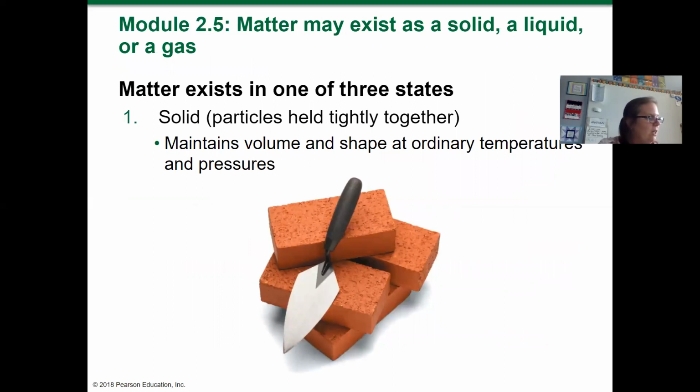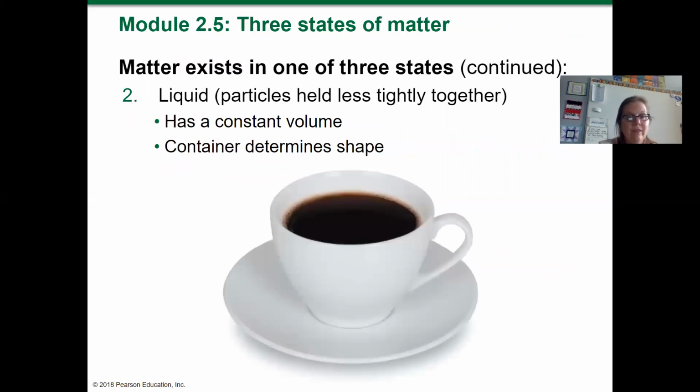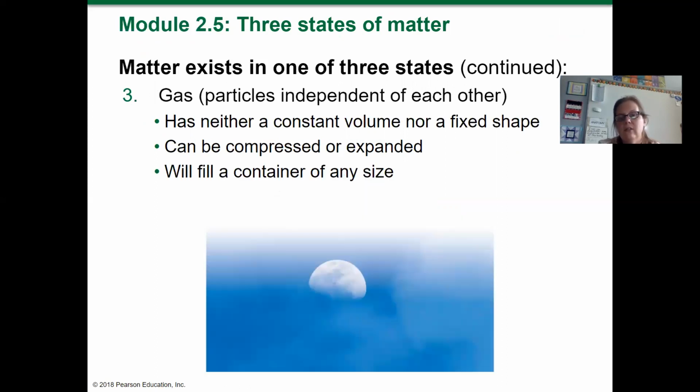There are 3 states of matter: solid, liquid, gas. In a solid, the particles are held together tightly. A liquid has a constant volume, but it takes the shape of its container, and the particles are less tightly held together. In a gas, the particles are not fixed, so there's no fixed volume. You can compress or expand gases.